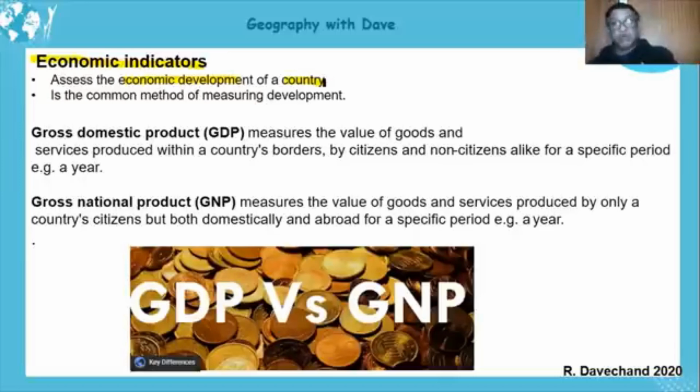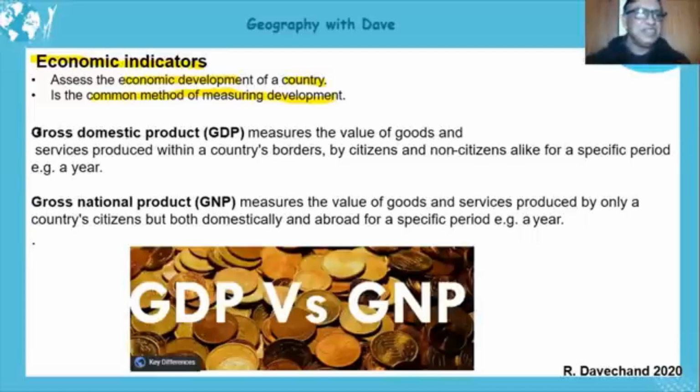It impacts on the social, obviously. If it's higher, you have a better social life. So they don't work independently, but they work hand in hand. This is the most common method of measuring development, where we look at the financial situation. Of course, the money makes everything happen, eh? Not total happiness always, there are other issues, but it makes you able to afford things.